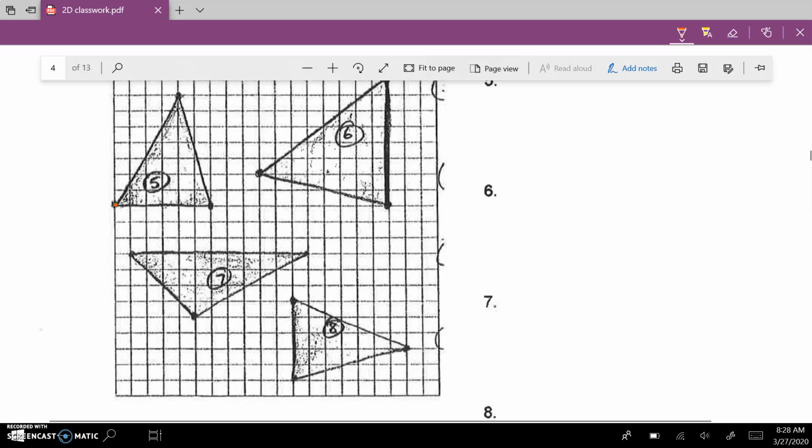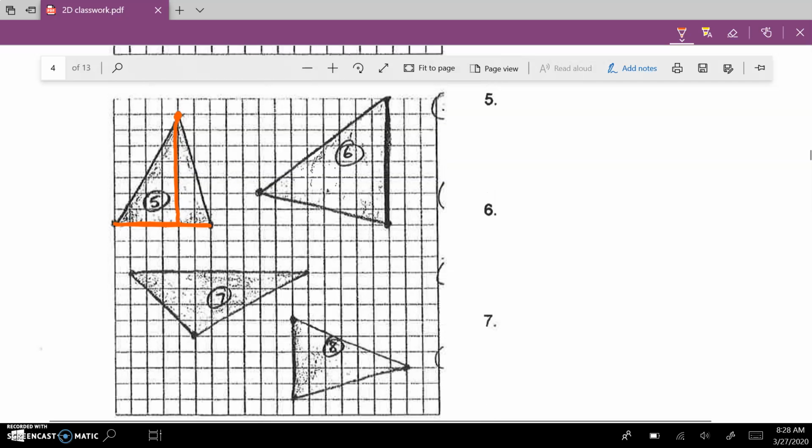So number 5, this is the base. I want you to draw these in, maybe highlight it with your pencil or shade it in with a different color. And then from the top going down, that is your height. Number 6 here, the base is actually this side going down, and your height starts over here on the left.